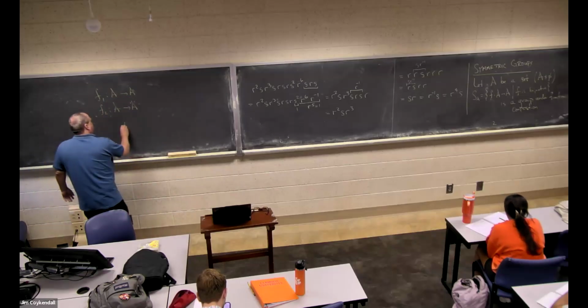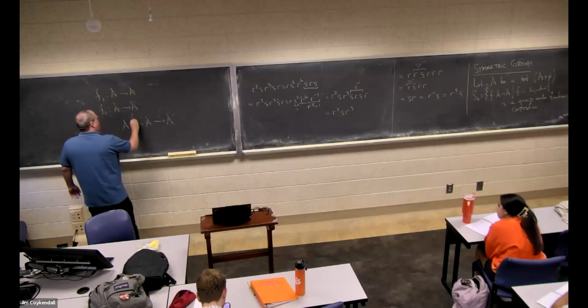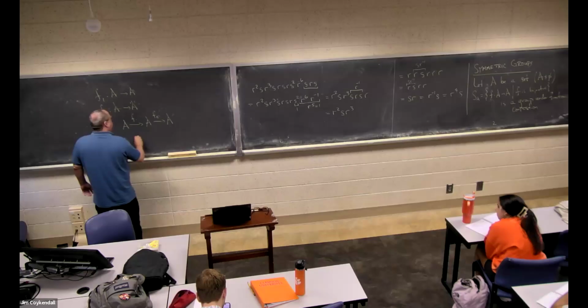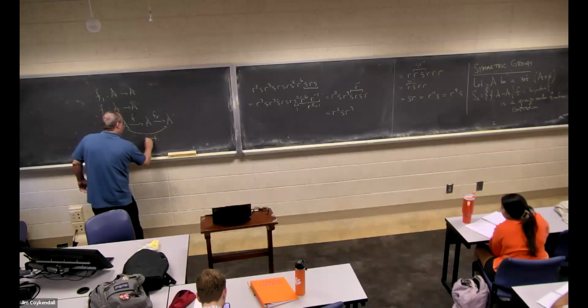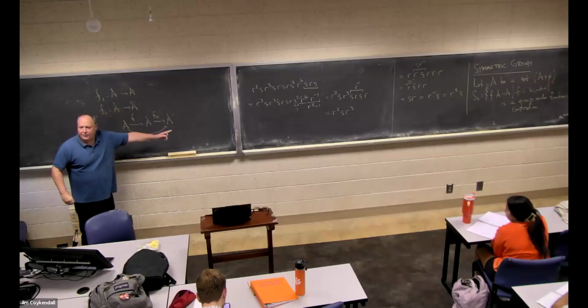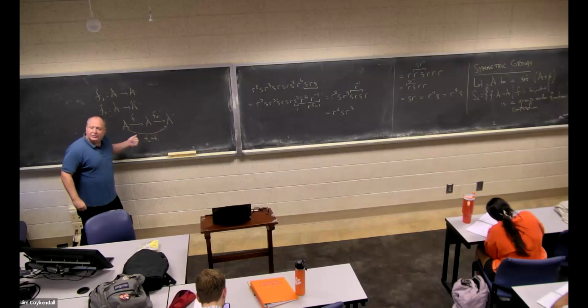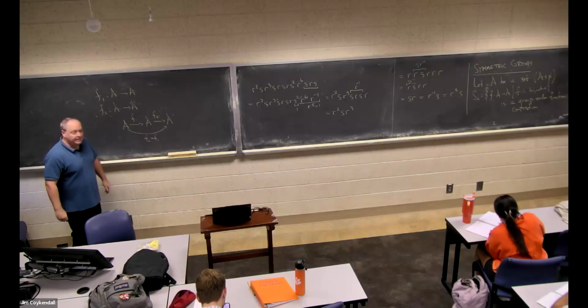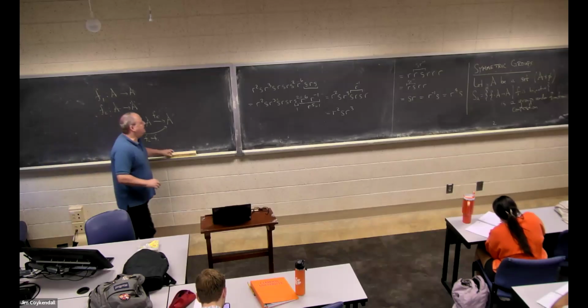Then when you compose them, this is the new function from A to A. And if this is a bijection and this is a bijection, then the composition is a bijection. We went through some painstaking details of this.